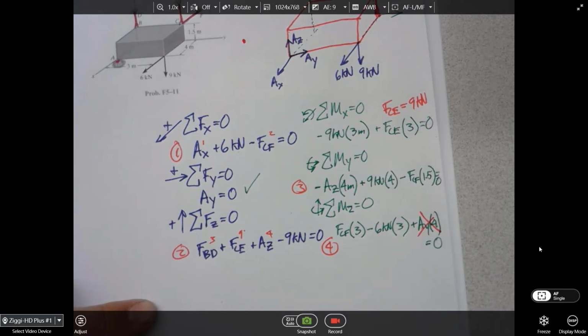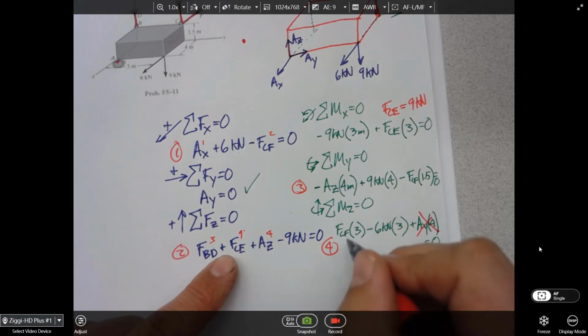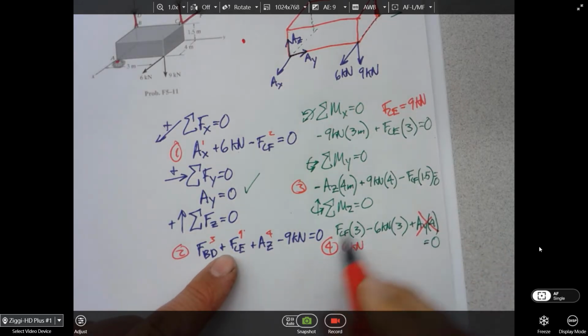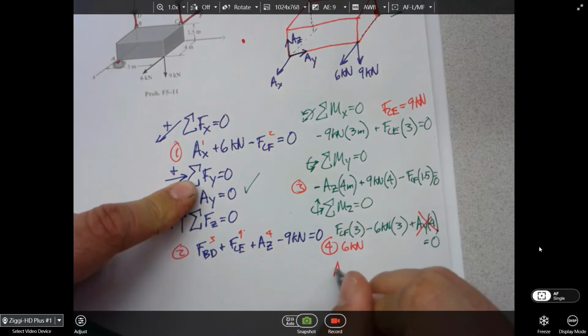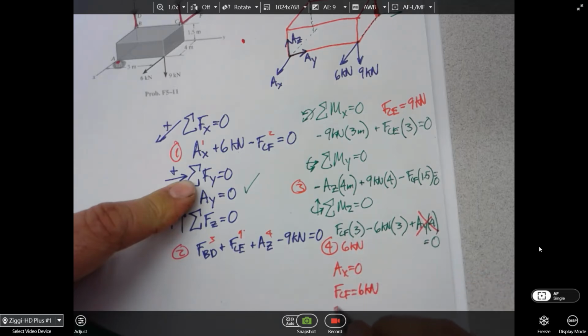Right? And if we know FCE is 9, yeah, so we could get FCF right off the bat. It looks like it's 6, right? If AY is 0, then FCF is clearly 6. And knowing FCF is 6, then we know AX is 0, right? Yep.